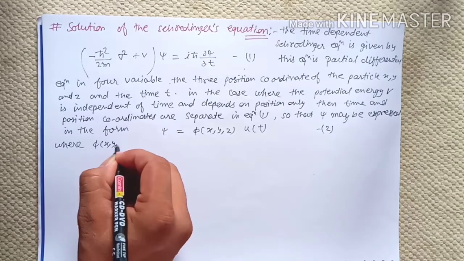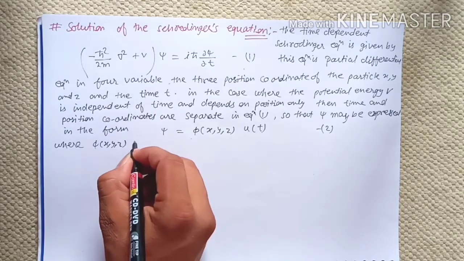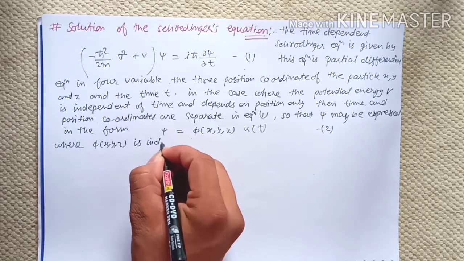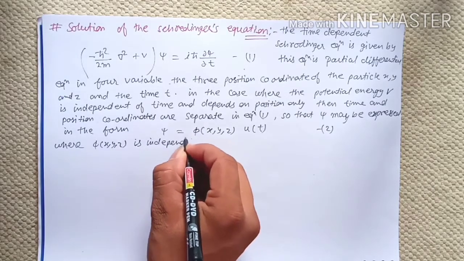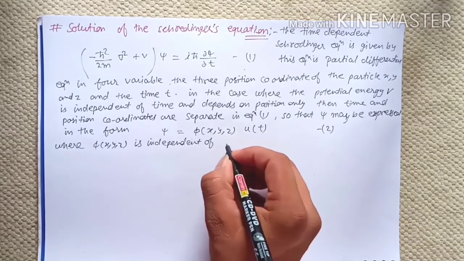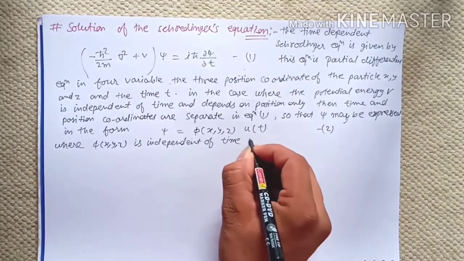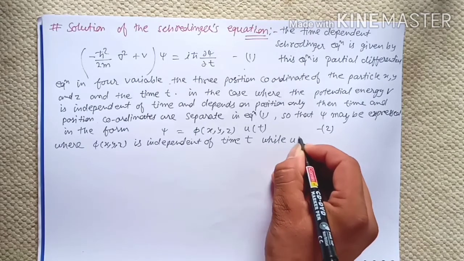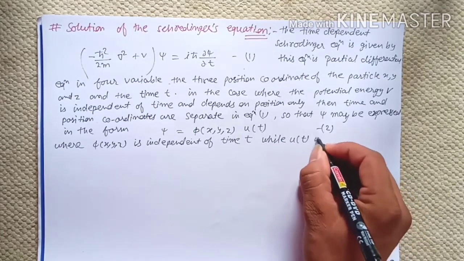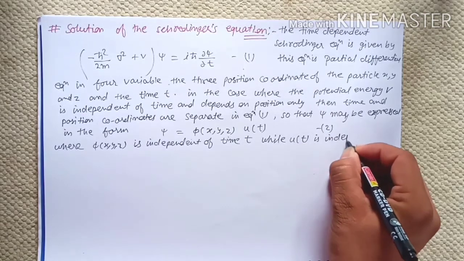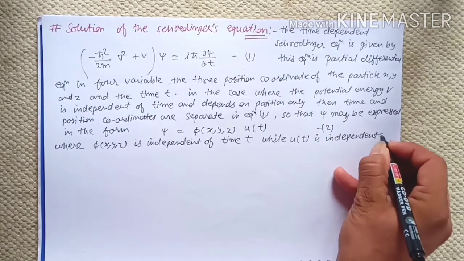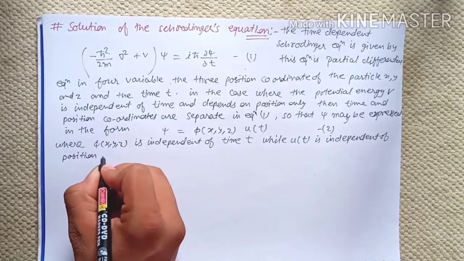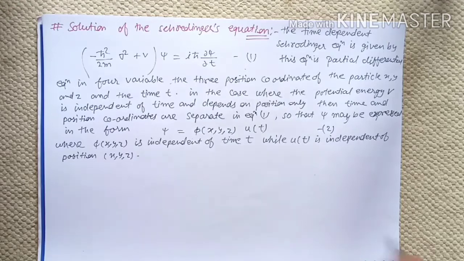where phi x y z is independent of time t, while u function of t is independent of position x y z.